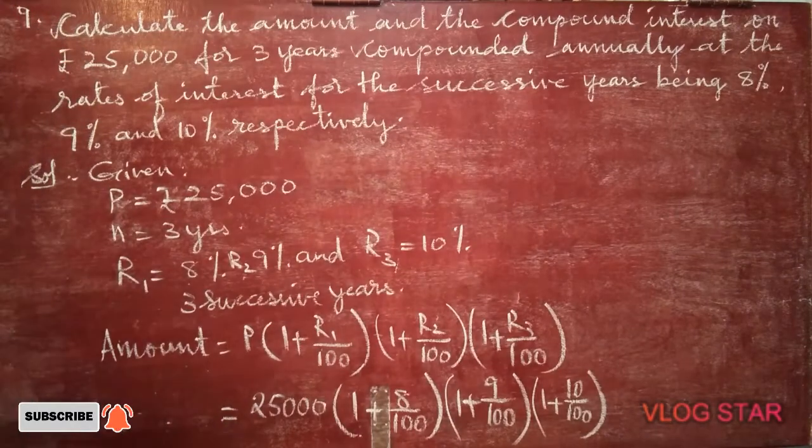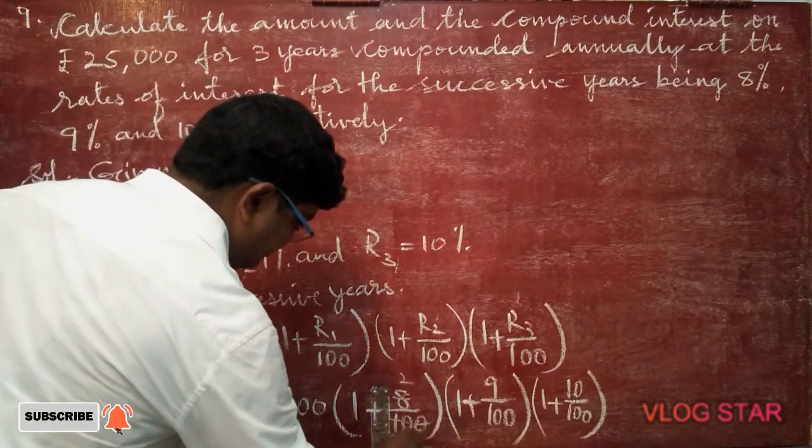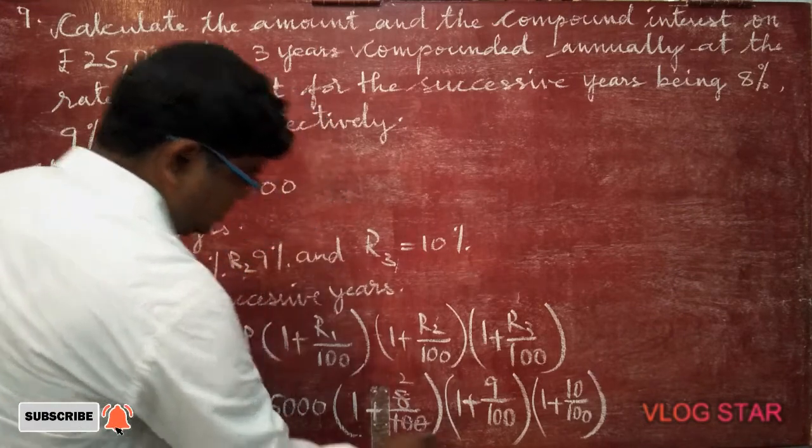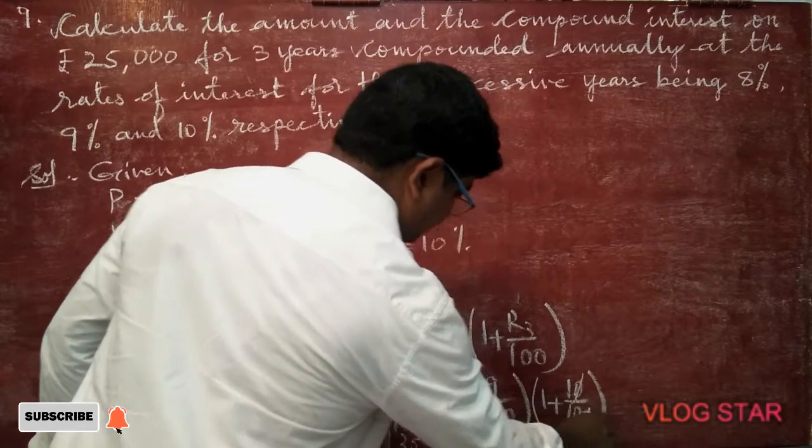Are you able to follow? Simplify. 4 table goes, 4 goes 2 times. 4 goes here 25 times. Here there is no common table. Here 0, 0 cancel.